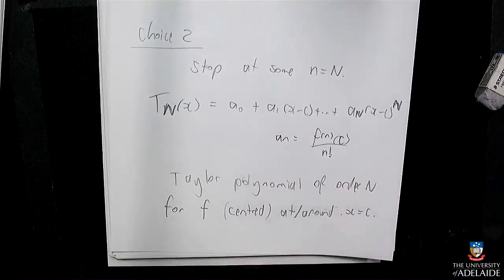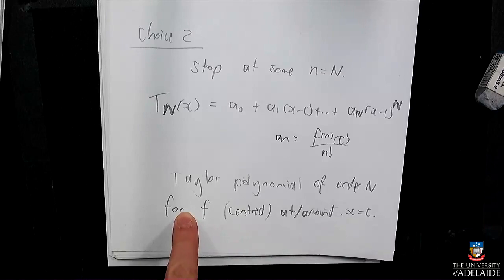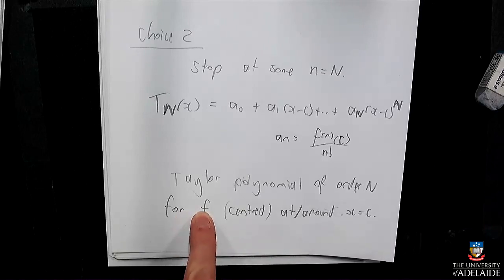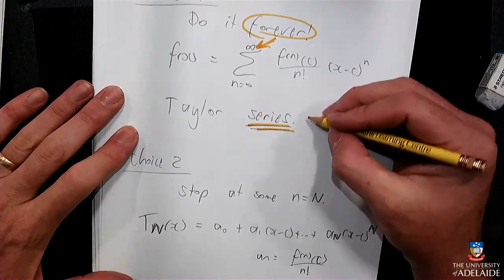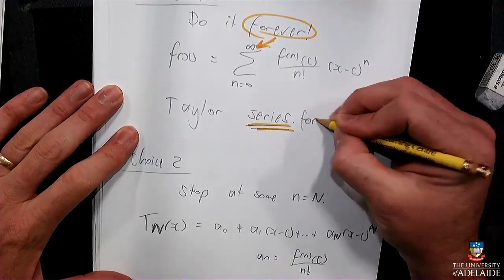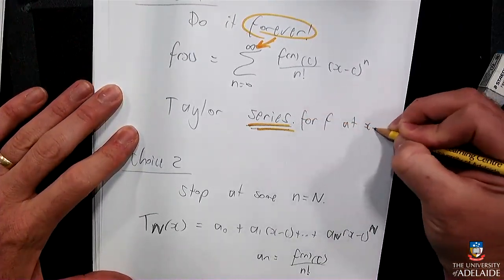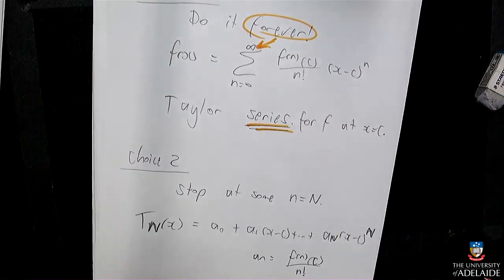And they may not say x equals c. They may just say centered at c. All right, so the important thing is that you need a preposition of location for at/around. You need a preposition that tells you where it is, and you need a preposition to tell you who it belongs to, which is the function f. Okay, and back here it works the same. There'll be a Taylor series for f at x equals c. Same sort of thing.